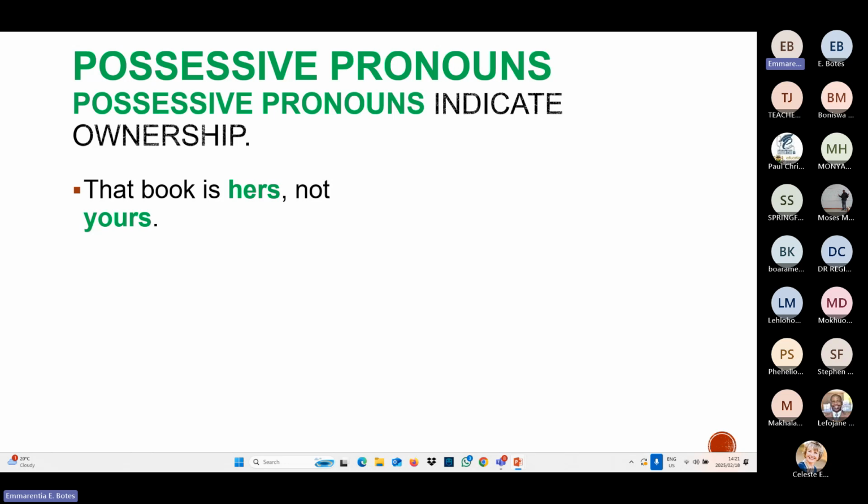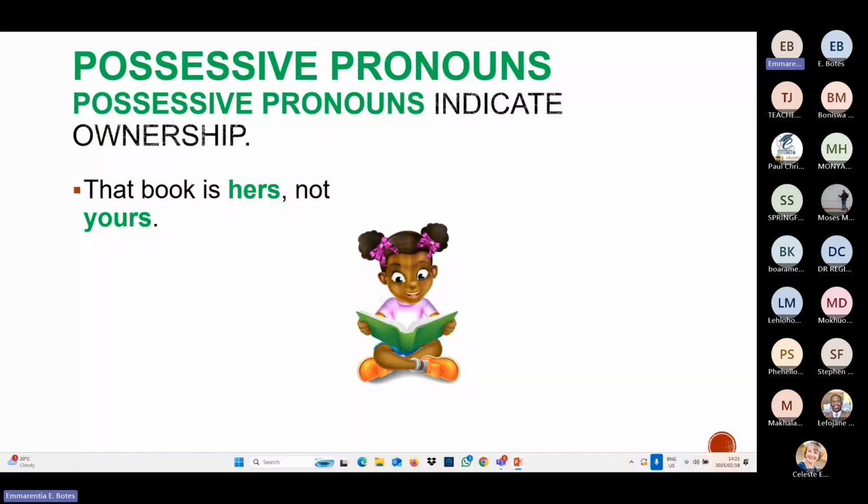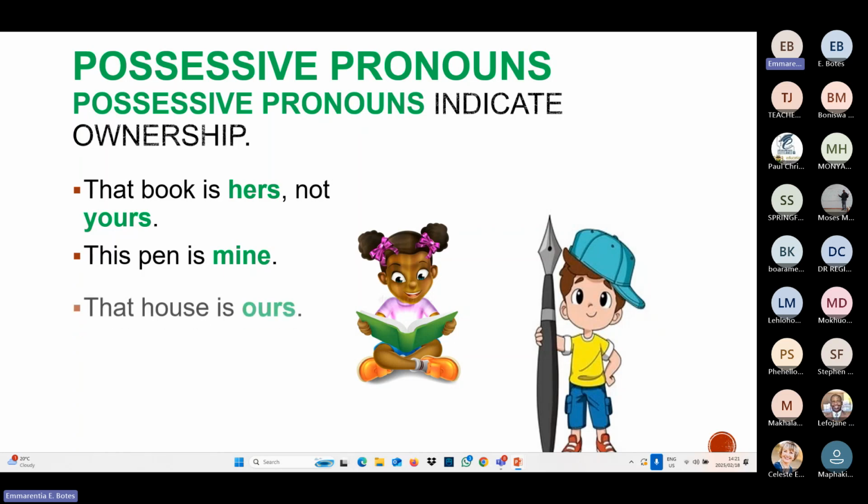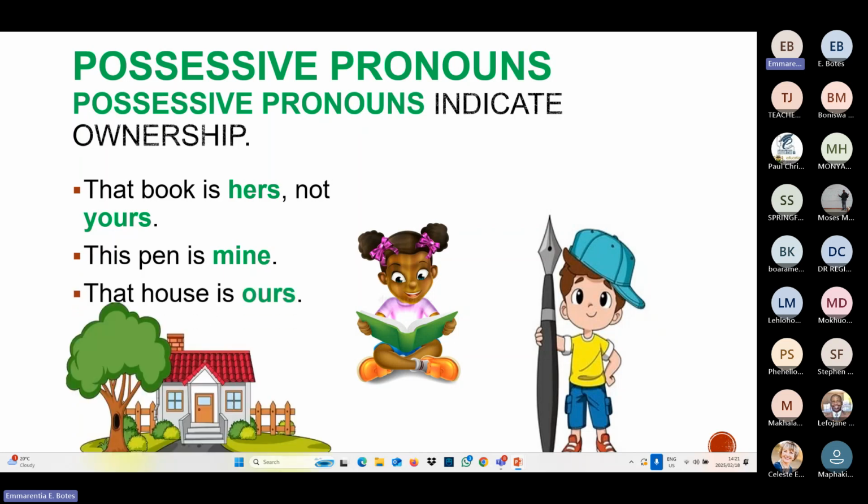So in the sentence, hers is a possessive pronoun and yours also a possessive pronoun. This pen is mine. The word mine will be the possessive pronoun. That house is ours. So ours will be the possessive pronoun.